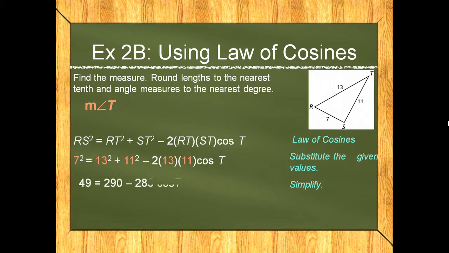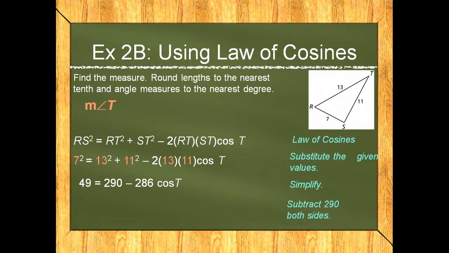If we simplify this, we get that 49 equals 290 minus 286 cosine of T. Remember that when I'm subtracting here, I can't just subtract these two numbers. I'm multiplying negative 286 times the cosine of T, which I don't have a value for.